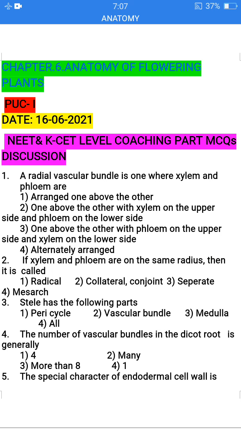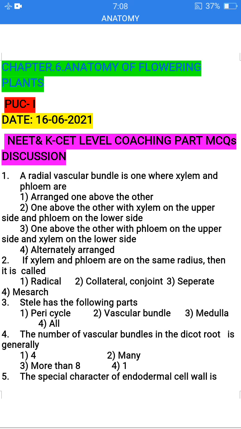Third option, one above the other with phloem on the upper side and xylem on the lower side. Fourth option, alternatively arranged. So the correct answer for this question is fourth option, alternatively arranged.